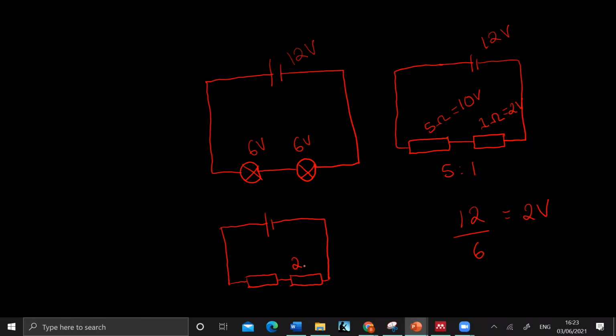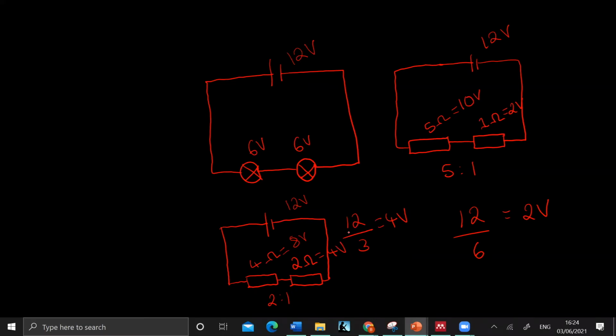If you have 2 ohms and 4 ohms, you can see that's going to be 2-to-1, so the total is 3 parts. I'll say the voltage is the same, so 12 divided by 3 is 4. So this one, 2 lots of this, is 8 volts, and this will draw 4 volts.